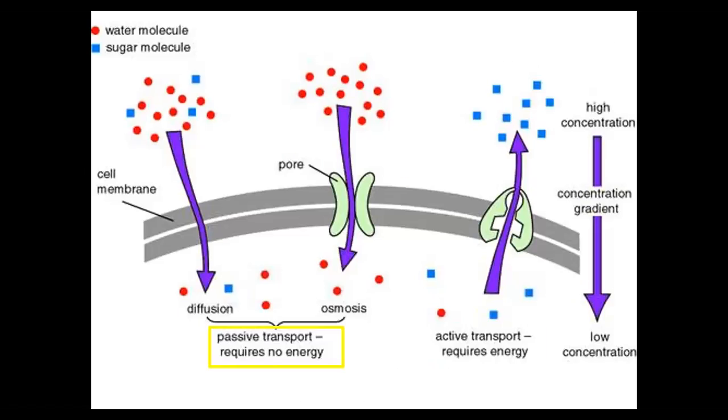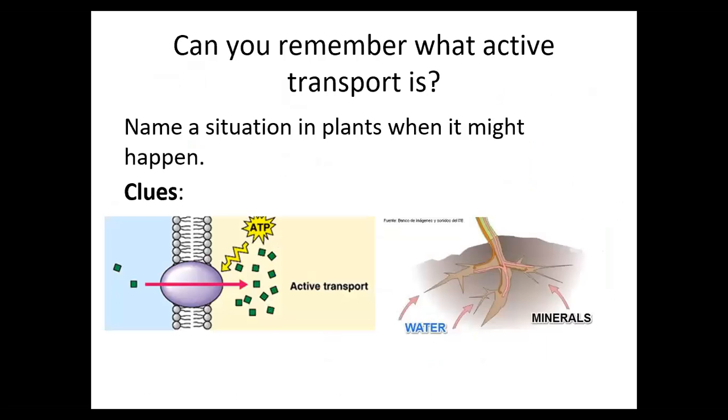Active transport we know is very similar to diffusion and osmosis, but it's the opposite. So we're going this time from a low concentration to a high concentration, and it requires energy. That happens a lot in plants through root hair cells, getting different mineral ions in.